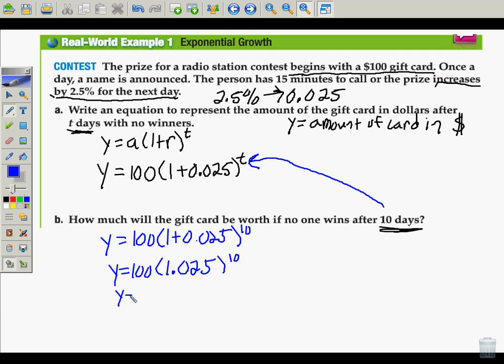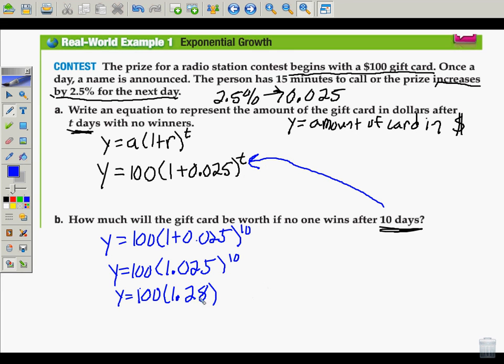I'm going to just write the first three numbers I see on my calculator. Do not just clear out your calculator. What you're going to do is do 1.025 raised to the 10th, and then leave that in your calculator. It's 1.28 and then a lot of decimals after that. Leave that in your calculator and then just press multiplied by 100. And that will take your entire answer and multiply it by 100.